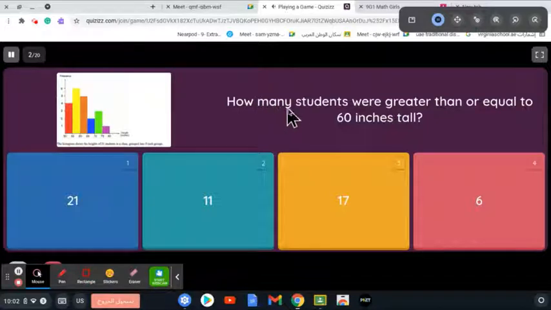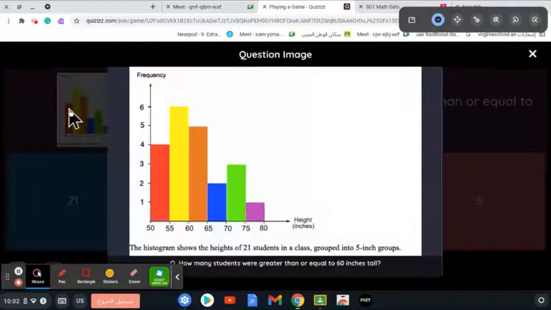How many students were greater than or equal to 60 inches tall? 5. So here, for 60 to 65 is 5. 65 to 70 is 2. 5 plus 2 is 7.